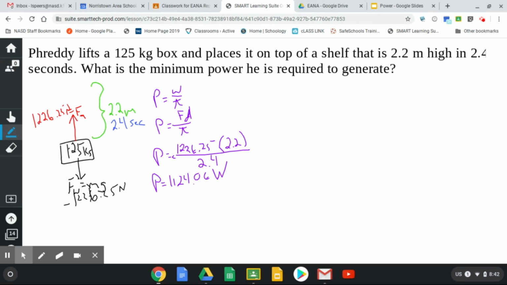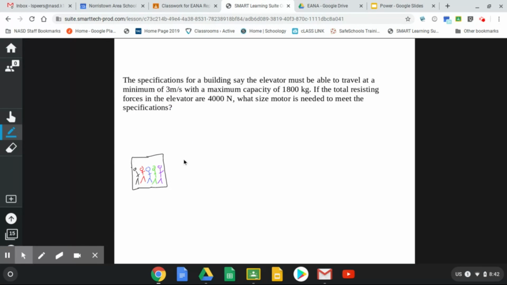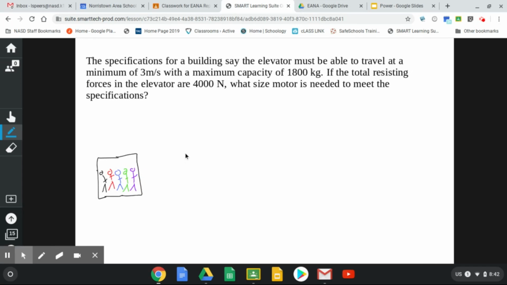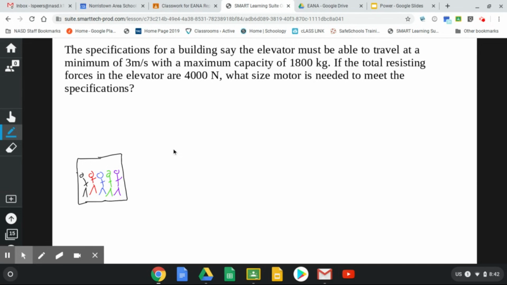Okay, so again, a simple problem giving us the amount of watts. Let's try another problem. This one's a little more complicated. Specifications for a building say the elevator must be able to travel at a minimum of 3 meters per second with a maximum capacity of 1,800 kilograms.